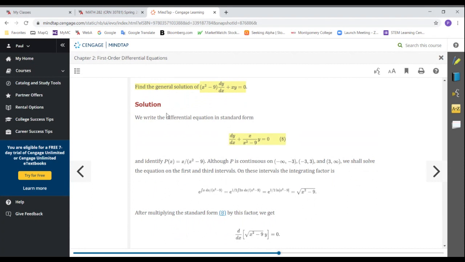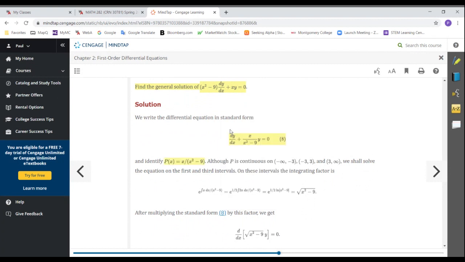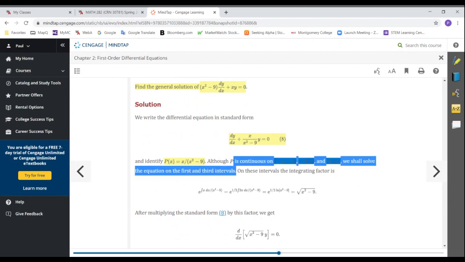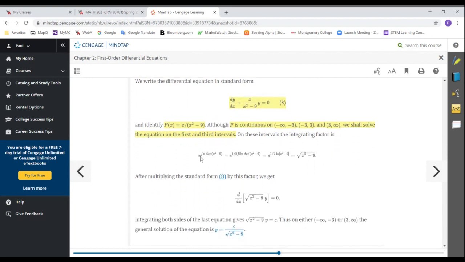Now your p of x function is equal to x over x squared minus 9. p is continuous on 3 intervals, but they're going to focus on solving the equation on the 1st and 3rd intervals. So here's the integrating factor step.